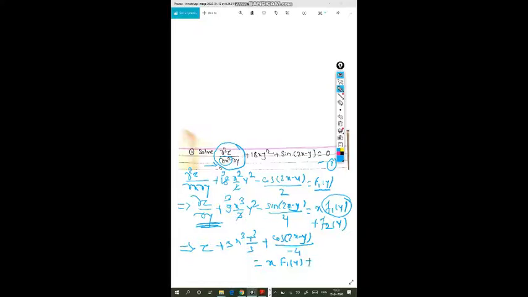Similarly, the integration of f2(y) with respect to y will give capital F2(y), plus the constant of integration, because we integrated with respect to y, so f3(x). You can also write where capital F1 and capital F2 are the integrations of small f1 and small f2. This is your final answer.